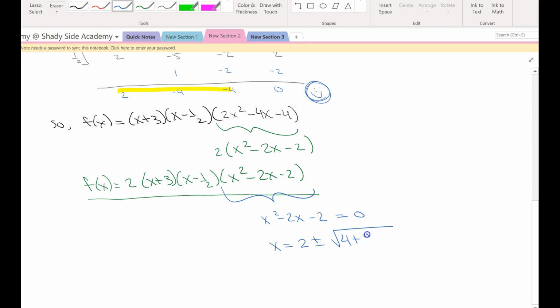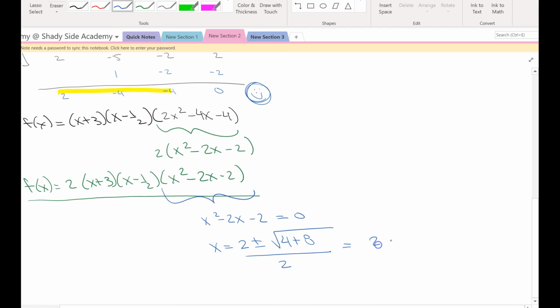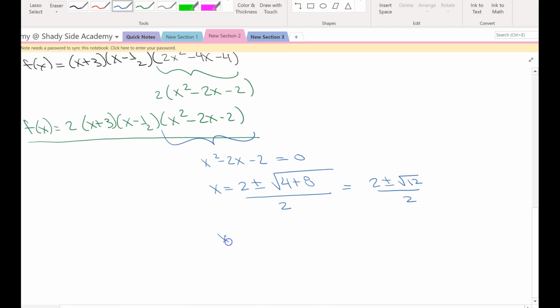So plus 8, all over 2. Oh, outstanding. 2 plus or minus radical 12 all over 2. All right, x equals 2 plus radical 12 over 2, and x equals 2 minus radical 12 over 2.